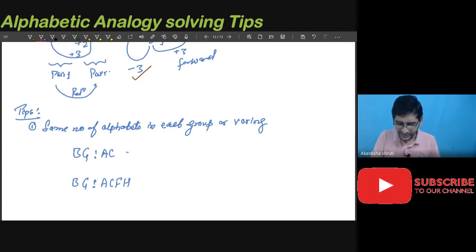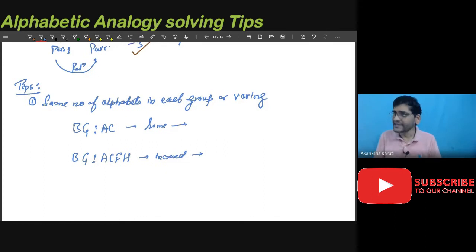What we are getting is that it is the same at first, but here it is being increased. Students, if it is the same, then you have to think normally, but if the number of characters is increasing, you have to think slightly differently. So while it is increasing or decreasing, you need to observe with a bit more care.